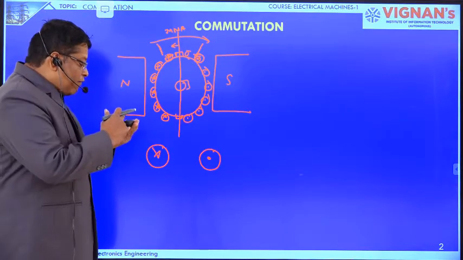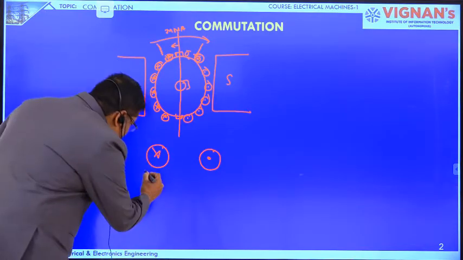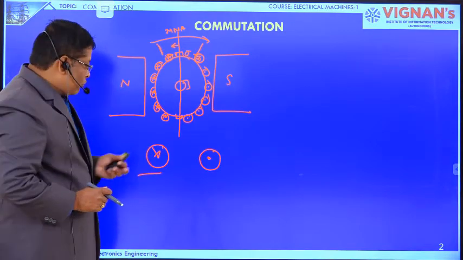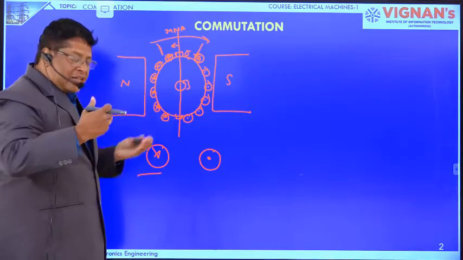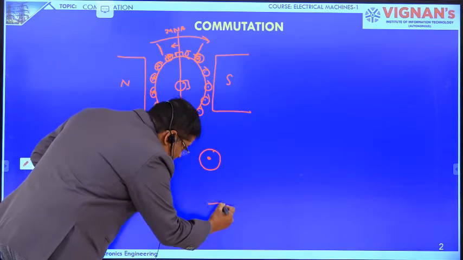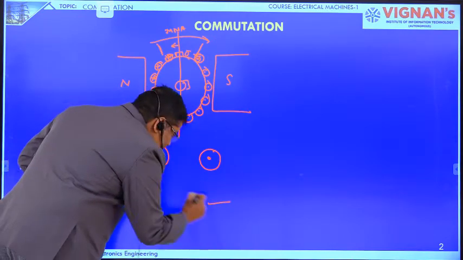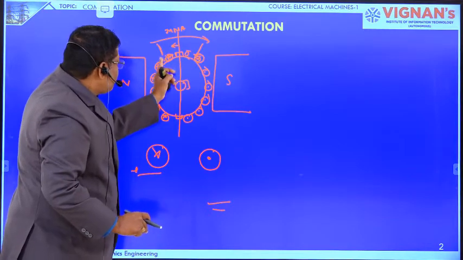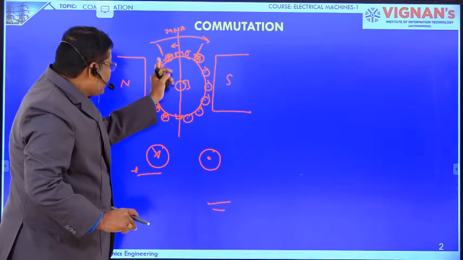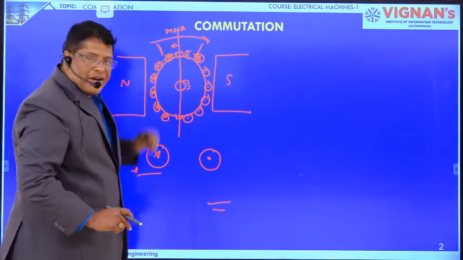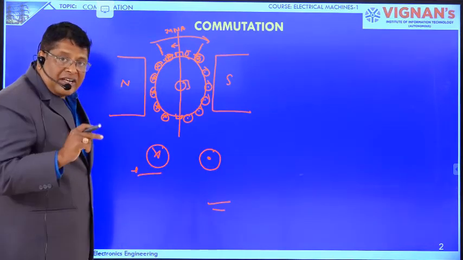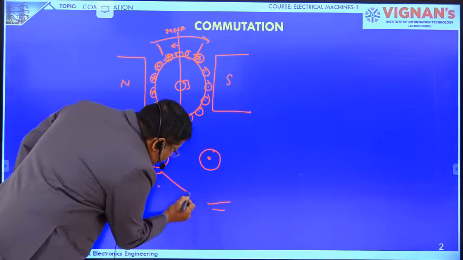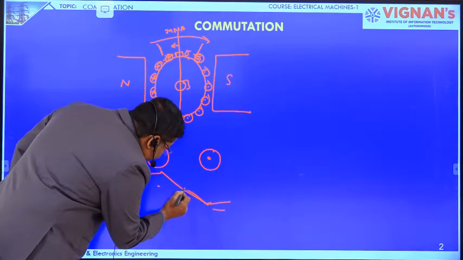Suppose the current flowing into the conductor is taken as positive, and the current coming out of the conductor is taken as negative. This is the positive value, this is the negative value. When the conductor is moving from this point to this point, the current in the conductor or coil is changing from positive to negative.